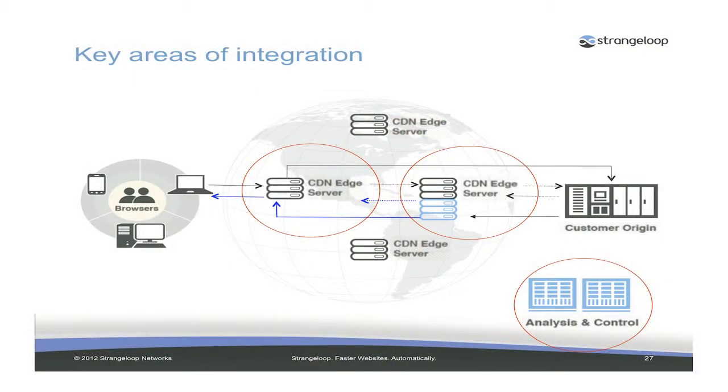There's another very interesting area of integration which happens at the edge for the CDN. So one of the things that front-end optimization does is it does rewriting to play to the strengths of certain browsers and away from the weaknesses of other browsers. Imagine that creates HTML that might be different for different browser groups. Maybe IE6, I want to optimize in a certain way, and that might be different than how I optimize IE9.